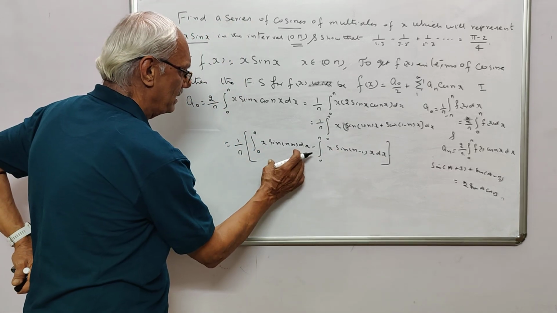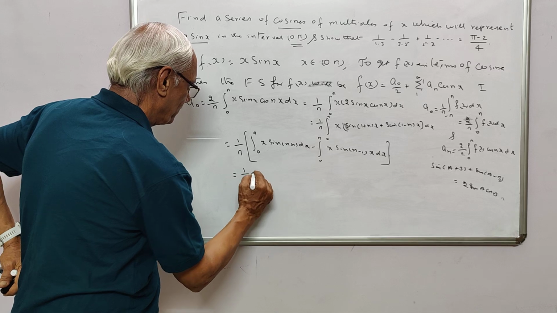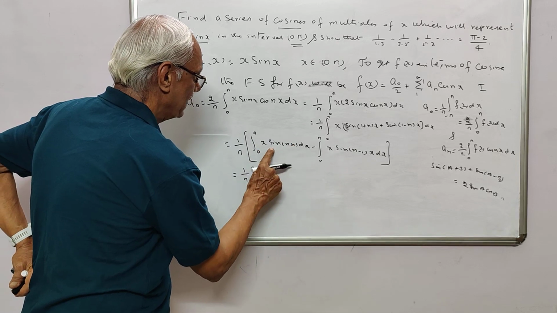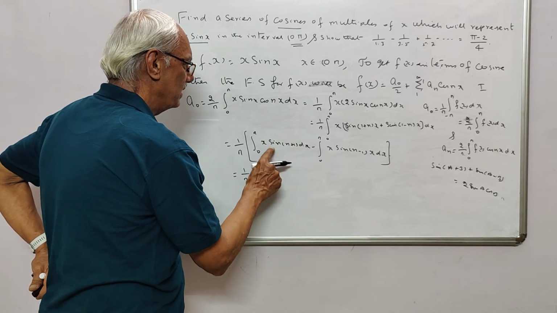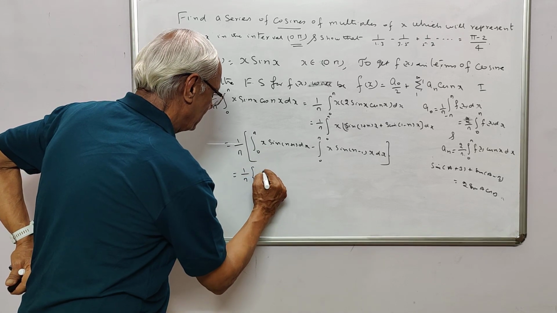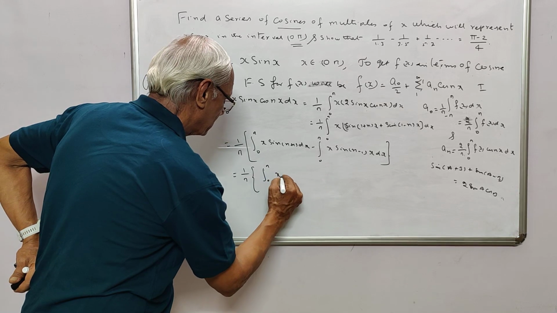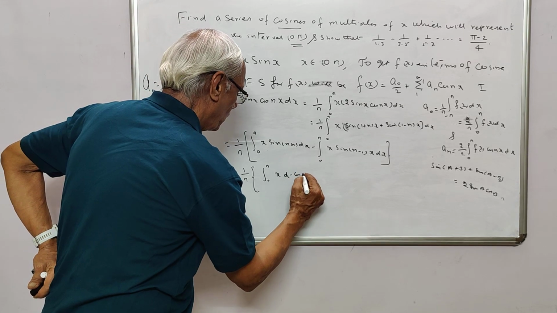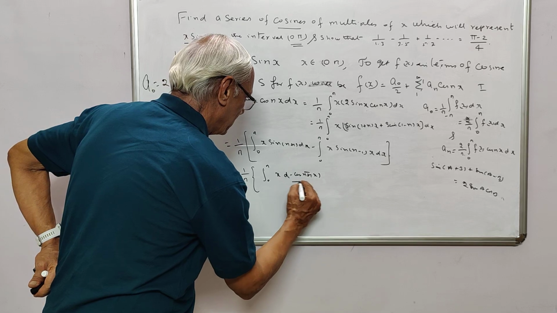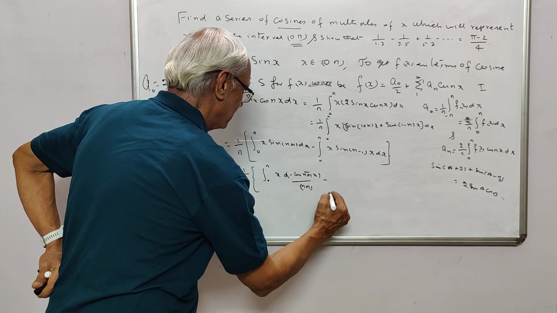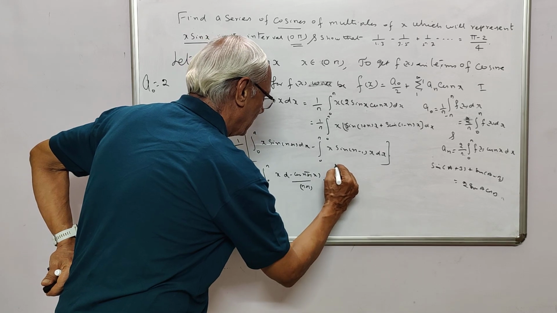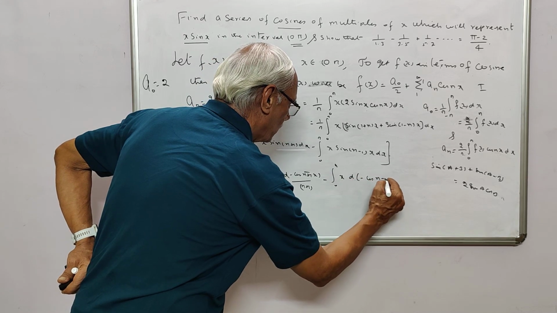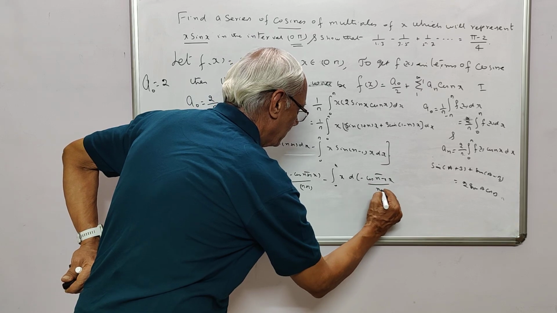Now you will apply Bernoulli's method here. So 1 by pi into, I will write this as the integral from 0 to pi of x into d of minus cos (n plus 1)x divided by n plus 1, and this is 0 to pi of x into, again, d of minus cos (n minus 1)x divided by n minus 1.